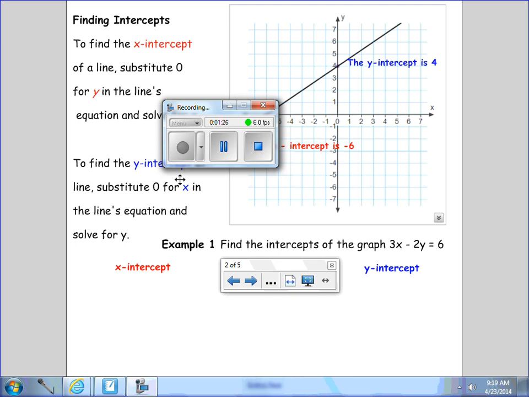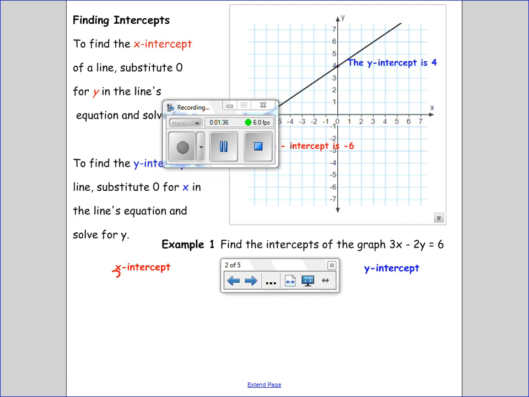So you take this equation and determine what the x-intercept is. So in this equation, the x-intercept is 2.